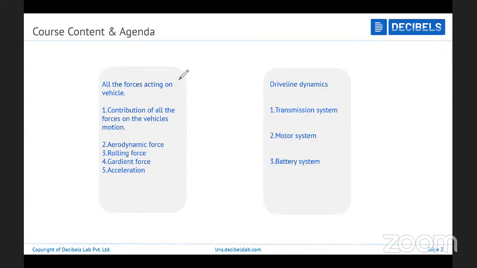We will be approaching a wheel to well analysis. Let me show you here: wheel to well. Well is nothing but your source side, and wheel is nothing but exposing your vehicle's energy to the environment.